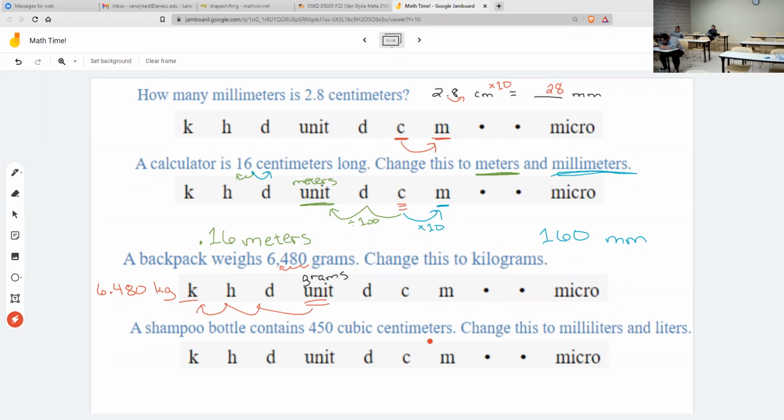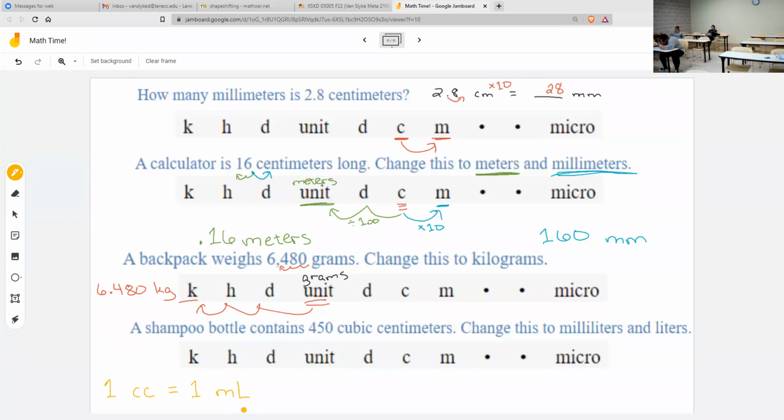How much space does one of these take up? You might not remember it because it was several days ago now, because it's Tuesday. Milliliter. So one cubic centimeter is the same as 1 milliliter.